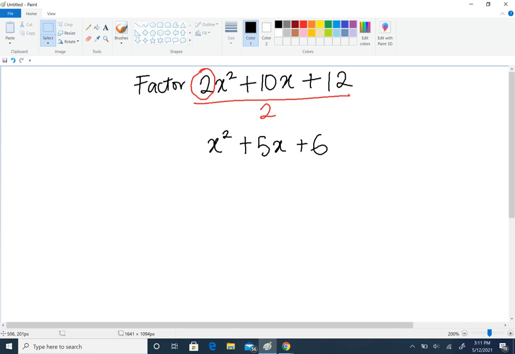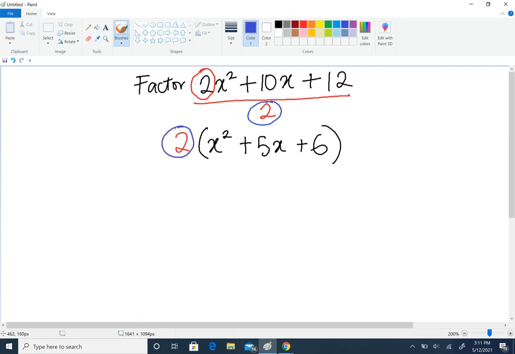All right, so here's the part that is very crucial, and you have to make sure you get this part. After dividing the problem by the same thing, you always want to include that number that you divided by on the outside of the problem. So this 2 that we divided the problem by, we're going to make sure to include it right here.